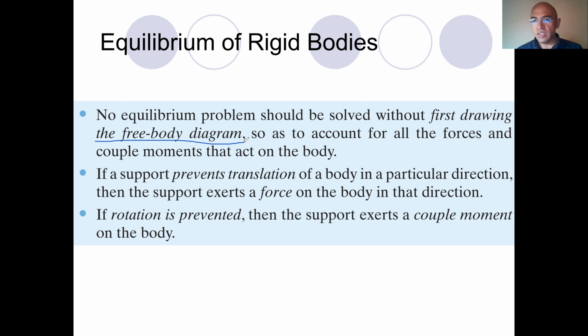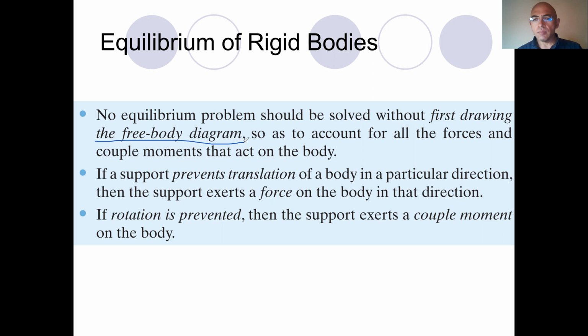Therefore, we can easily identify whether there exists a reaction force or not, just by looking at the support, because there cannot be a translational motion. For example, this cannot go up, then this means that my hand is applying a force downwards on the object.